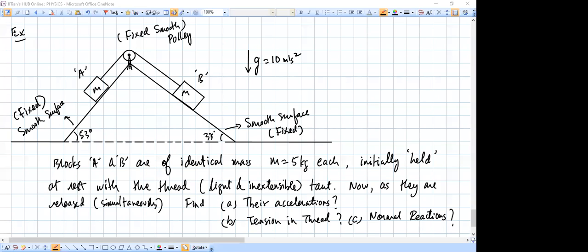But see, A will have less normal reaction compared to B because A is on a steeper slope, no? No, Yojit, beta, acceleration is not correct. So I'm just giving you the answers now. Or just take a minute more, okay? Just do your calculation carefully once more. Those of you who got it incorrect, just try the calculation more carefully.